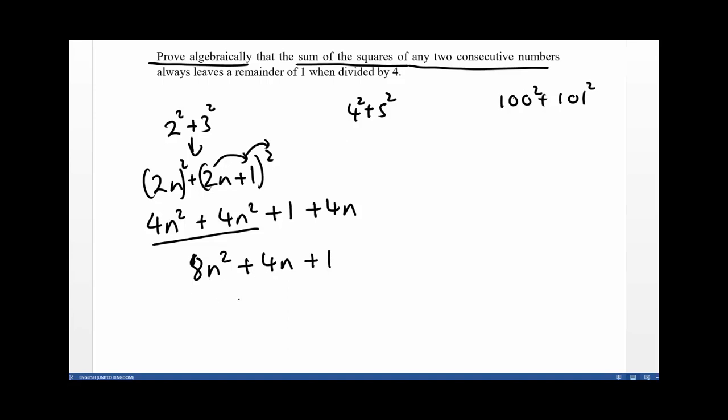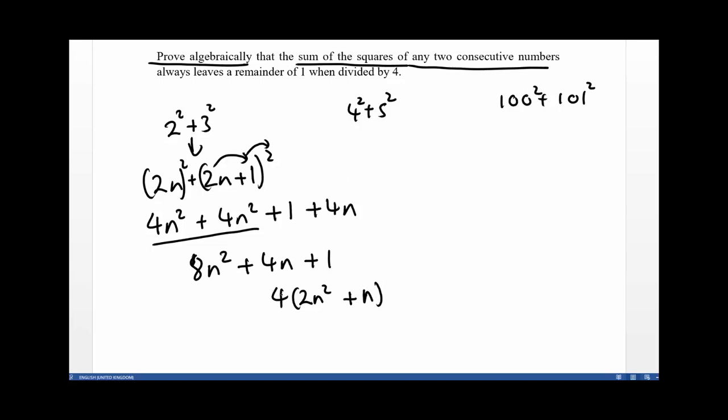You should know how to factorize by now. I do have a video based on this. So I'm going to factorize this out by 4. So I'm going to get some brackets, yeah? Put 4 outside. How many 4s are in 8n squared? There's 2n squared of them. How many 4s are in 4n? There's going to just be 1. So we're going to write it as plus n, sorry, my bad.